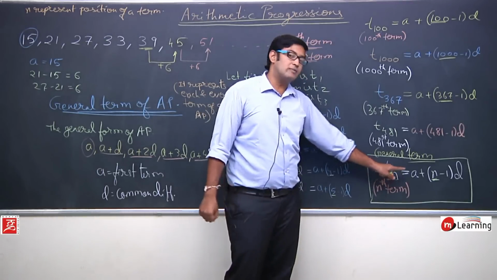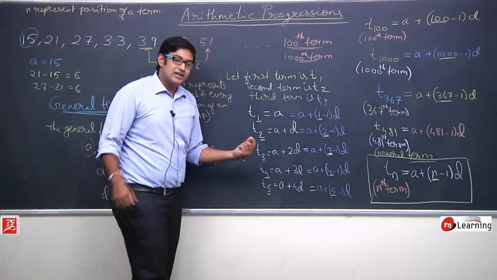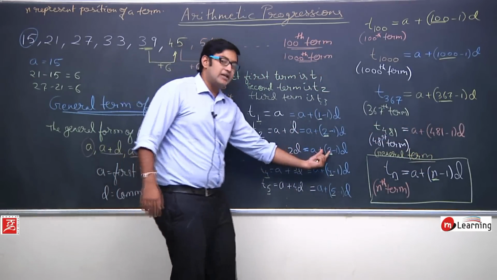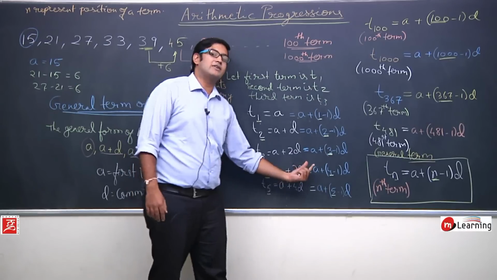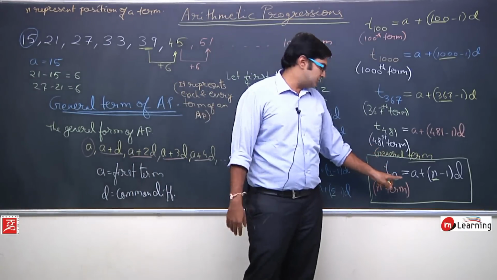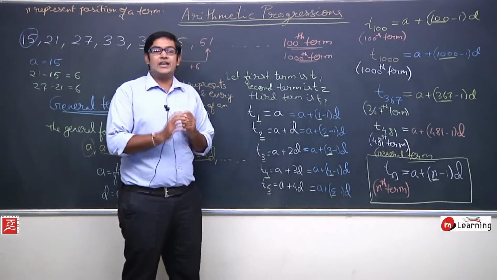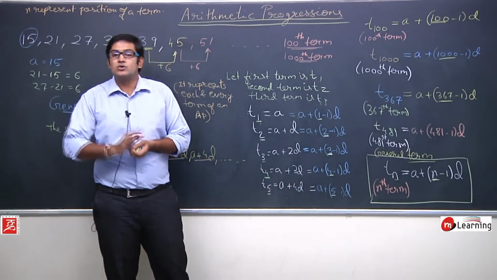So T2 will be A plus (2 minus 1) D. T3 will be 3 minus 1 D. T4 will be 4 minus 1 D. T5 will be 5 minus 1 D. So on, we can substitute the value of n. So n क्या हो सकता है? n एक natural number हो सकता है.